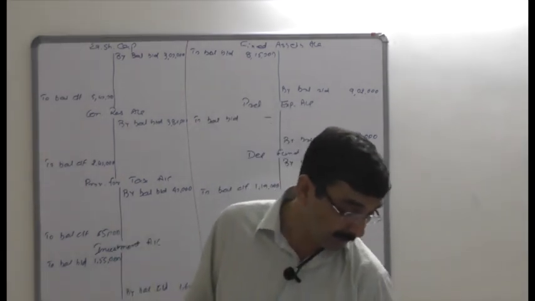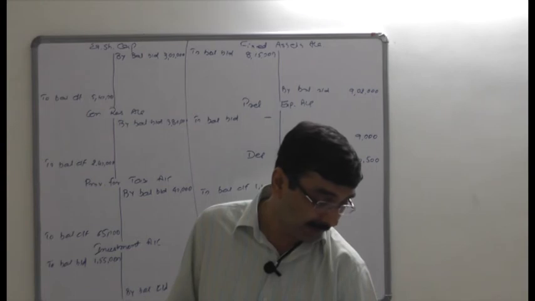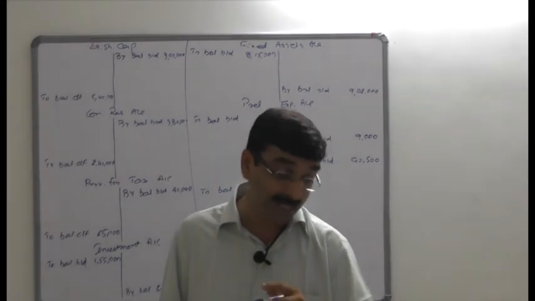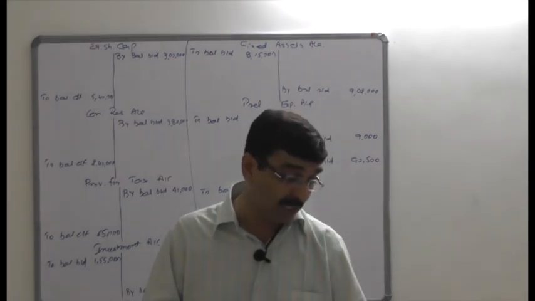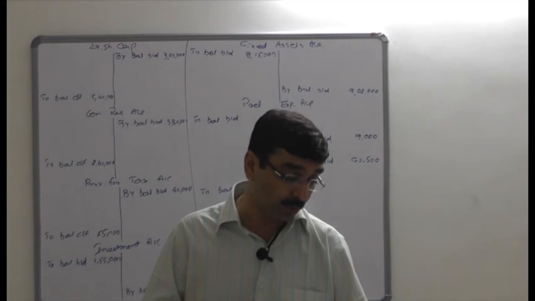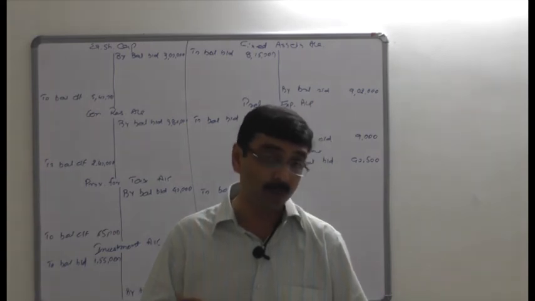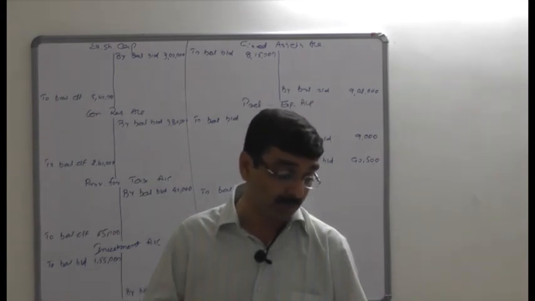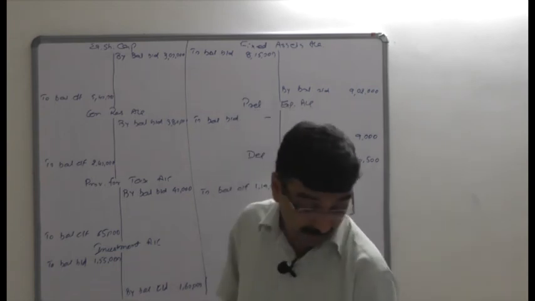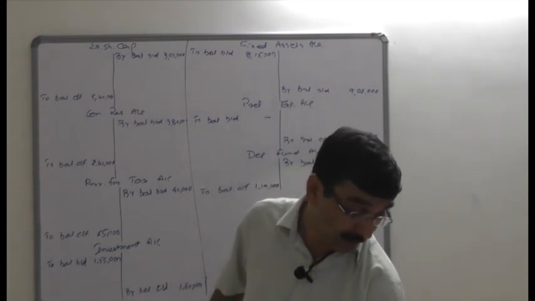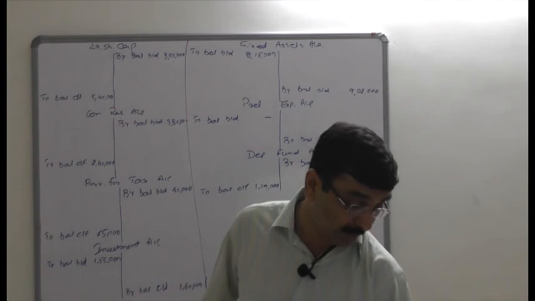Start with the first adjustment: the company capitalized some amount from general reserve and issued bonus shares to the existing shareholders in the proportion of 2:1 at the end of the year, 31st March 2007. That means it's the current year. In the current year the company offered bonus shares.